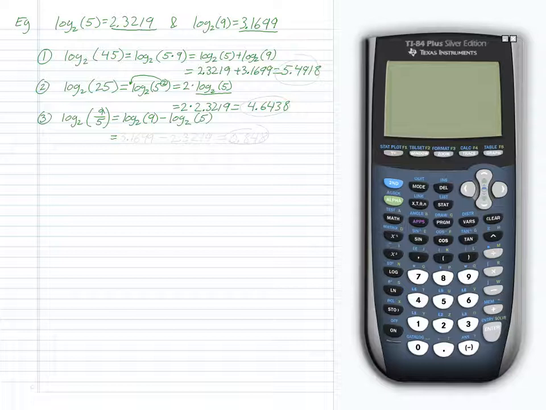Substituting these values in, 3.1699 minus 2.3219, I find 0.848. At this time, we don't have a very good way of checking these, but we will get one at the end of this section.